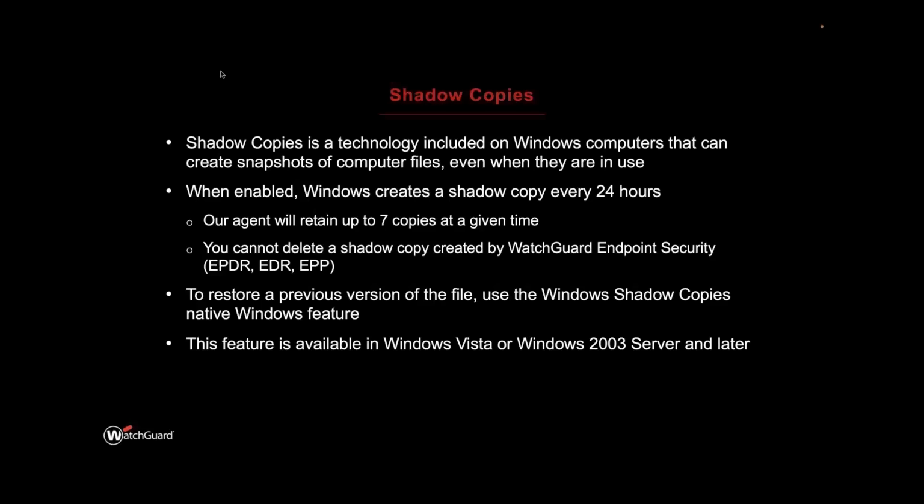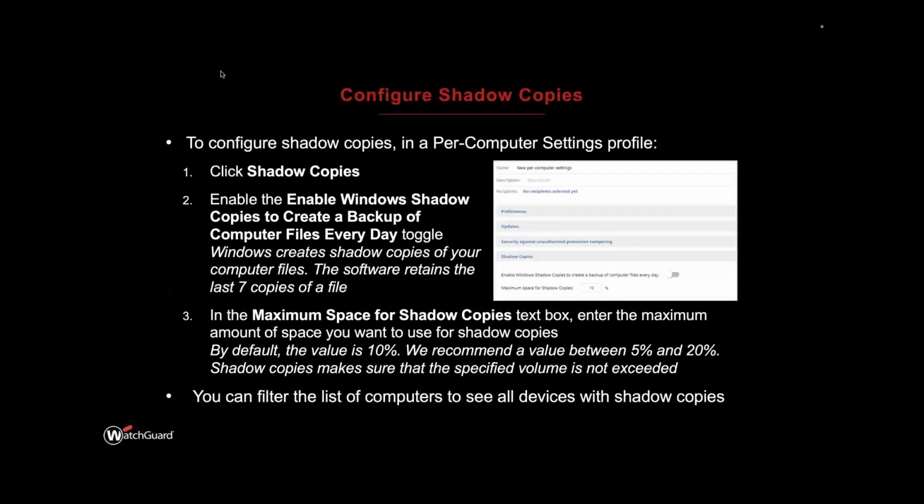To restore the previous version of a file in case you need it, you can use the regular native Windows shadow copies feature. Our management of shadow copies will be completely transparent to the operating system, so if you need to restore a file, you can just use the native Windows feature.